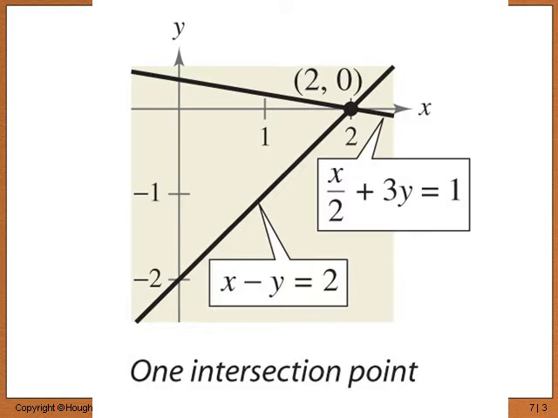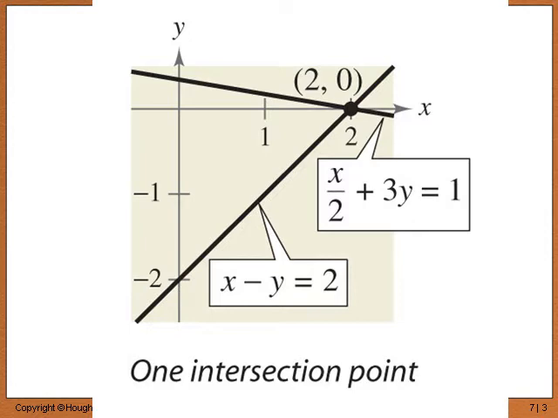So for example, the ordered pair (2, 0) satisfies equation 1, x minus y equals 2, and it also satisfies equation 2, x over 2 plus 3y equals 1. You can plug the ordered pair (2, 0) into each of those equations to prove that to yourself.